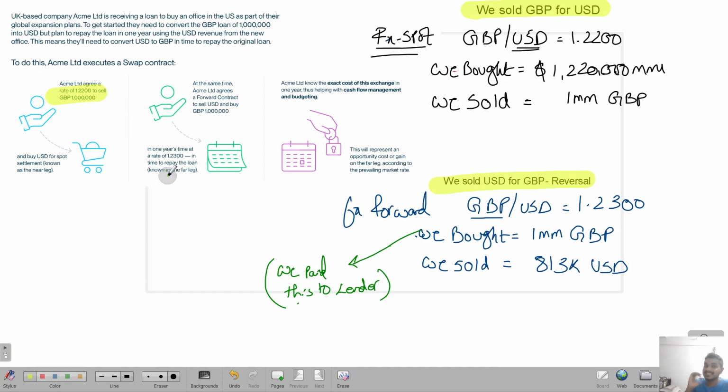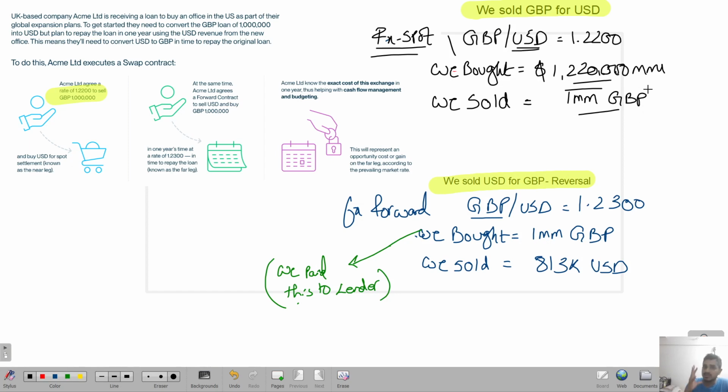At the FX spot, the rate we have for GBP USD is 1.22. What does it mean? We have already discussed. This means that for 1 GBP, you're going to get 1.22 USD. So for 1 million GBP, we are basically buying 1.22 million dollars, right?